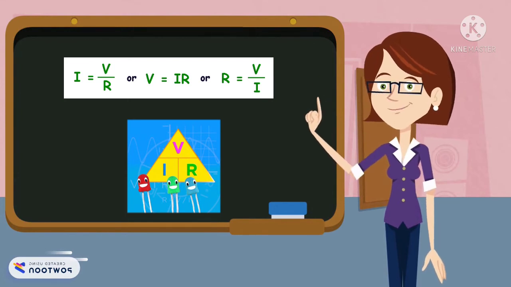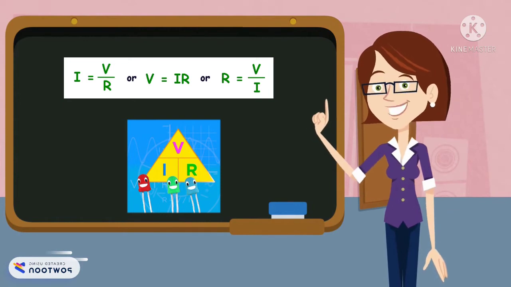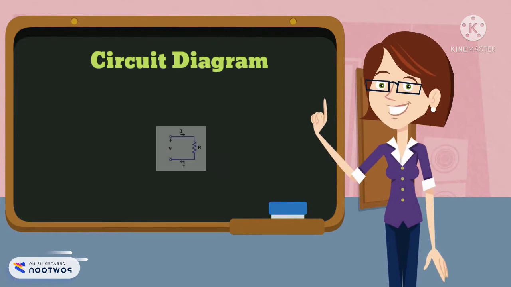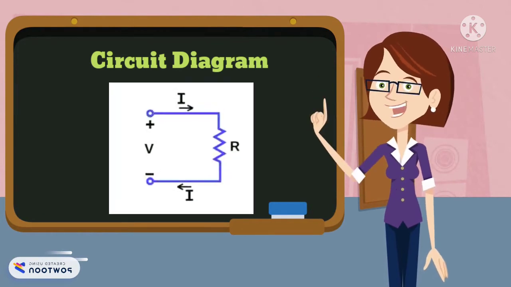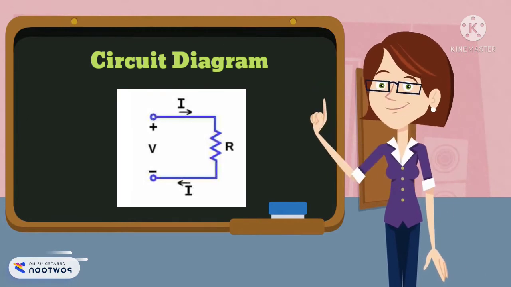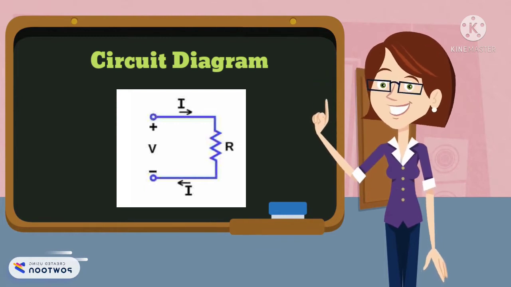Voltage is equal to current times resistance. Resistance is equal to voltage over current. Here is a diagram showing current, voltage, and resistance in a circuit. Any one of these can be calculated using Ohm's law if you know the values of the other two.